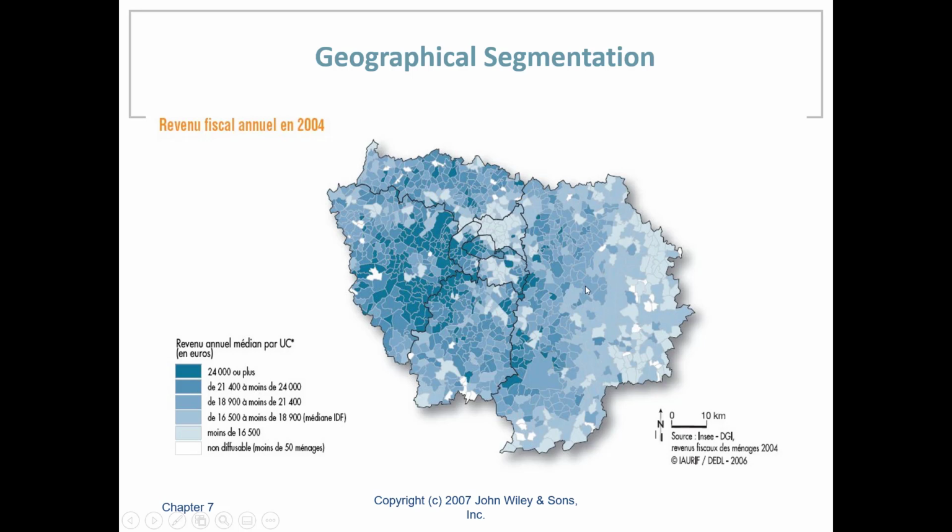This is what in Paris is known as the banlieue or the suburbs, which tend to be the poorer places of French cities. If I'm a retailer, where would I put my store? If I'm a high-end store, I'd probably want to put my store in one of these central districts. But if I'm the French equivalent of Walmart, I may want one of these more lower middle class districts, because that's where most of my customers are.